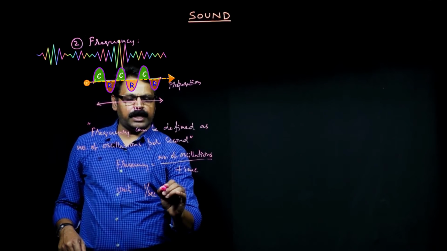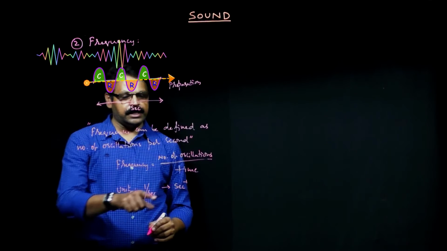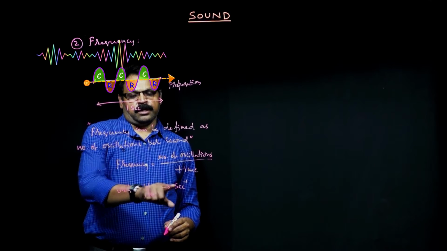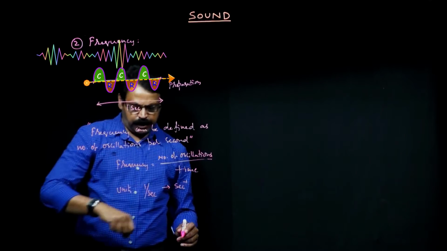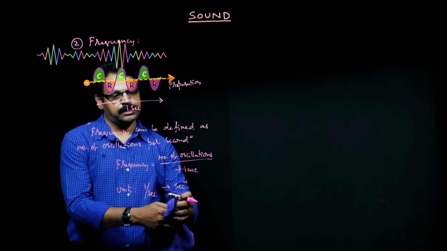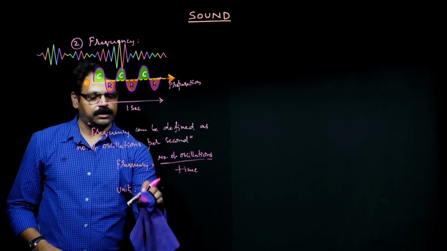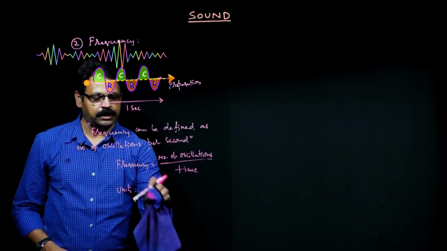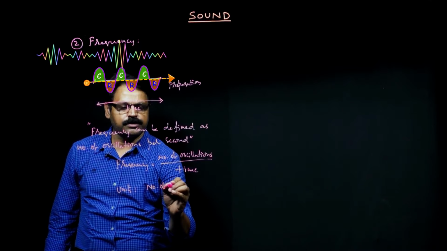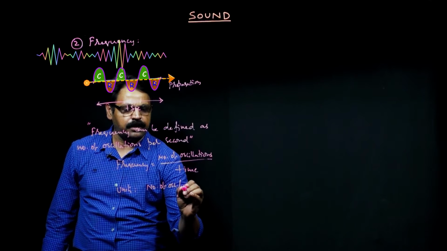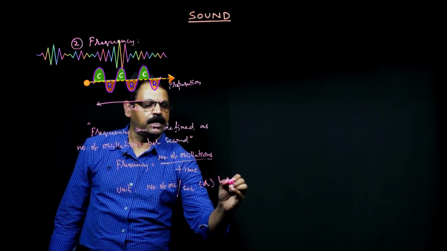Therefore, you can call it second inverse. One oscillation in 1 second is going to be 1 Hertz, or otherwise you can directly take number of oscillations per second as the unit, and in the SI system the same thing you call as Hertz.